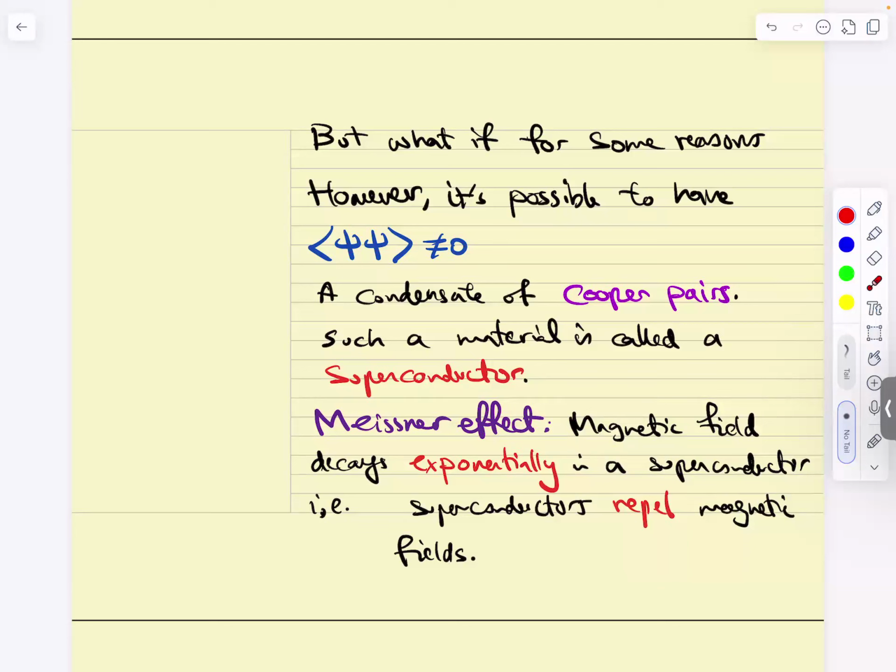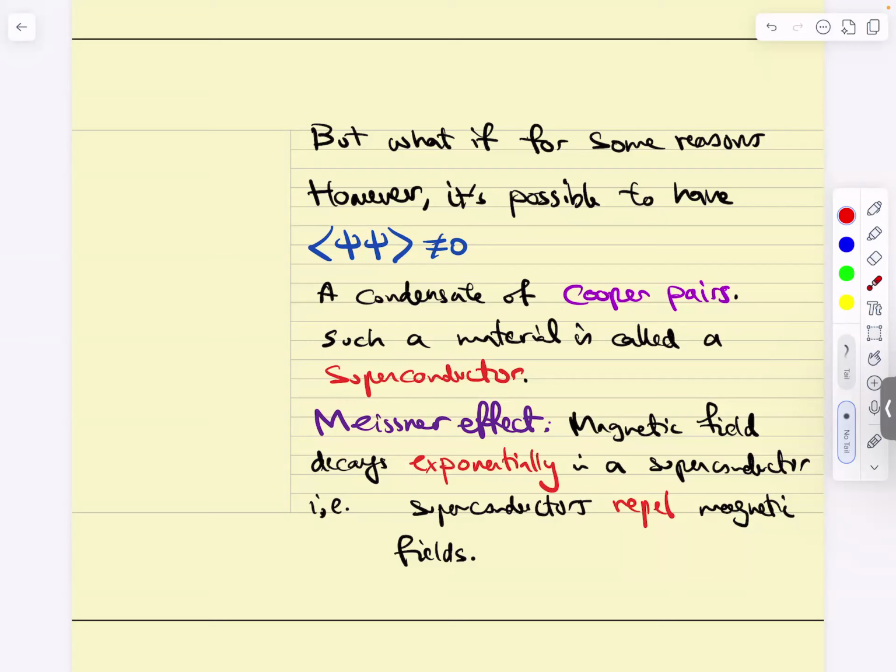Now, why is a superconductor effectively describing a massive photon? And in what way is it long range?